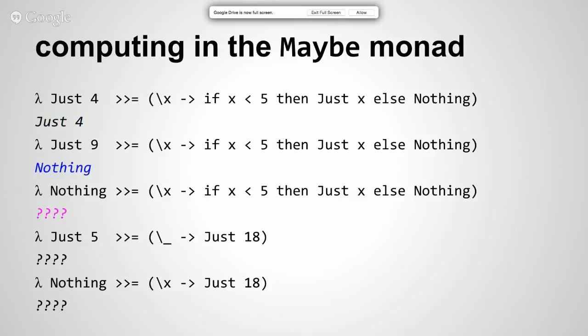How about this guy? Still Nothing. How about this guy? Just 18. Exactly. How about this one? Nothing. Got Just 18, I've got Nothing.